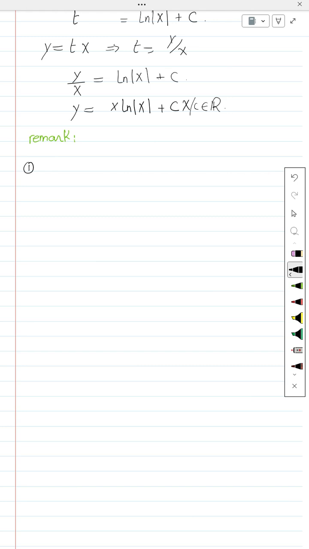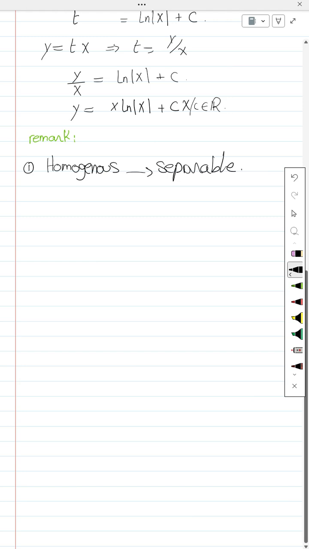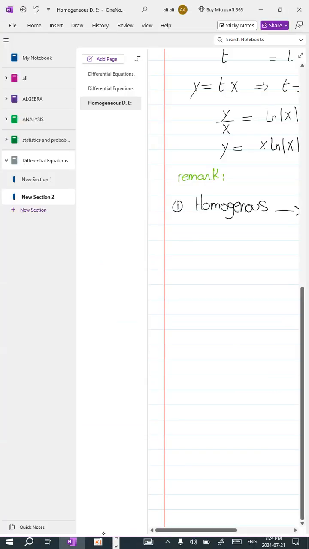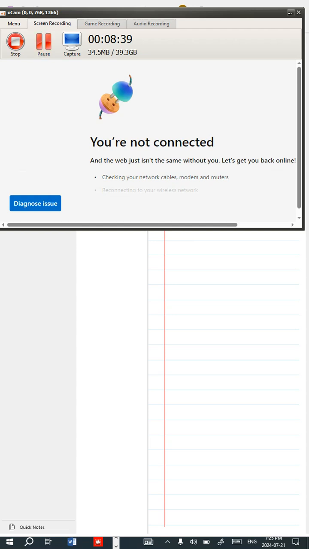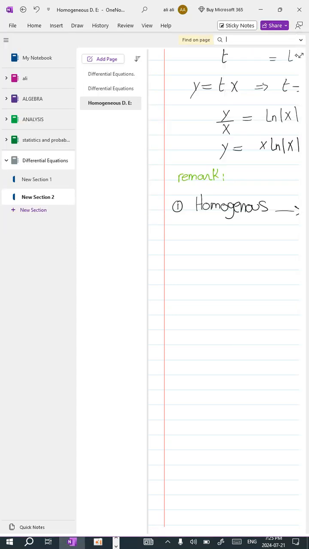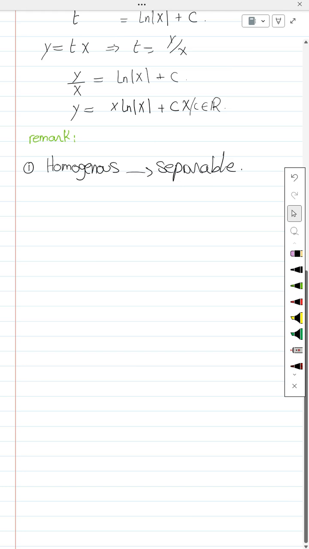So if it's a separable, we are dealing with the first method that we have seen. If it's a homogeneous, you need to make it a separable, since every homogeneous is going to be a separable differential equation. Yes, this is the first remark.